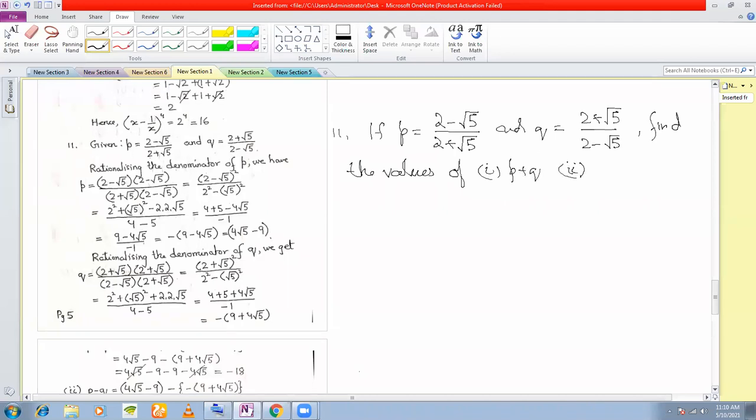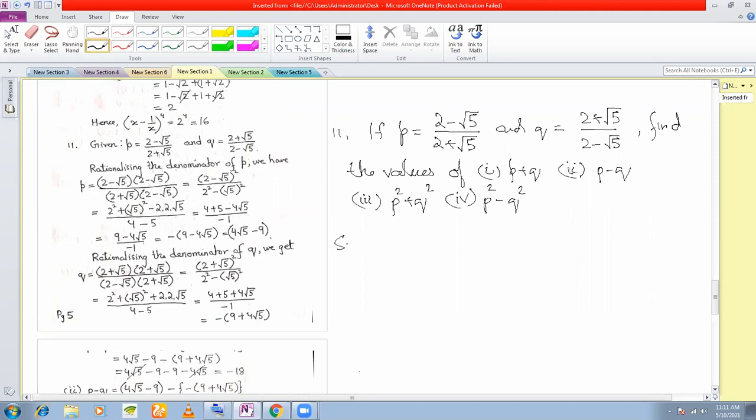The next one is p minus q. Third one is p square plus q square. And the fourth one is p square minus q square. All these you have to find out.